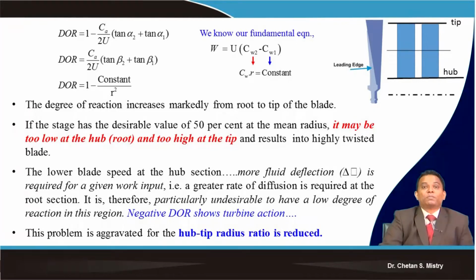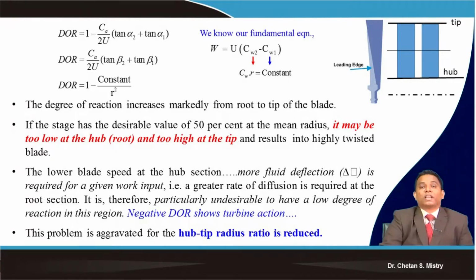It may be possible that because of that, my angle will come out large, and that will give a highly twisted blade. So you can see here, this is my case. If you look near the hub region, my delta beta is coming to be large, and near the tip region, my delta beta is coming to be slightly lower.